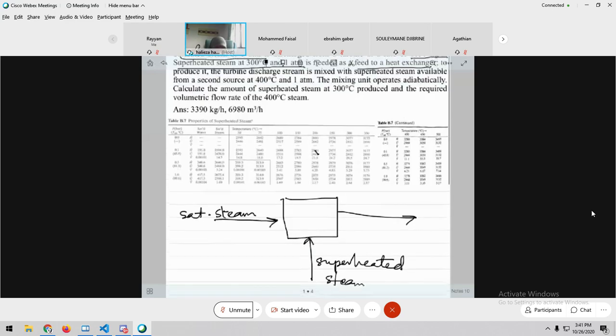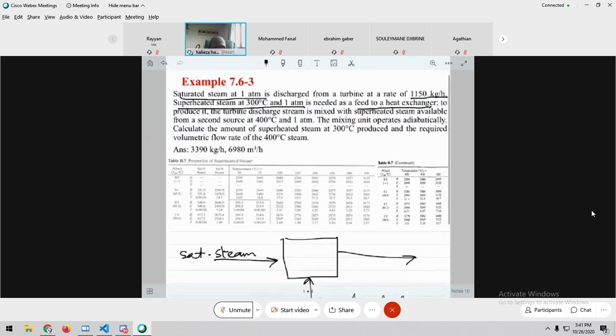The turbine discharge is mixed with superheated steam available from a second source. And you're going to produce a superheated steam. Did I get it right? Come on, guys, check whether I got it right. This is adiabatic. This is a mixer, it's adiabatic.